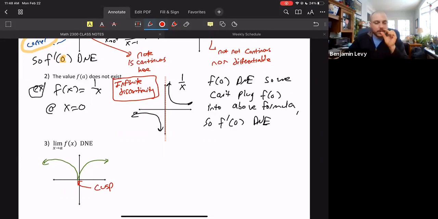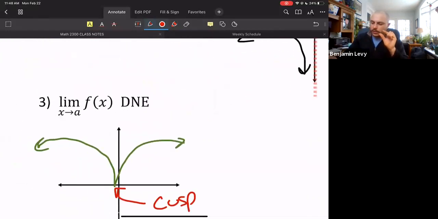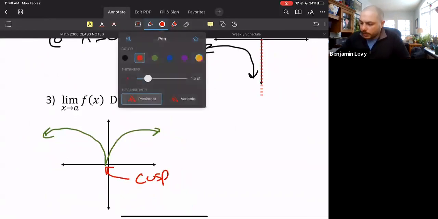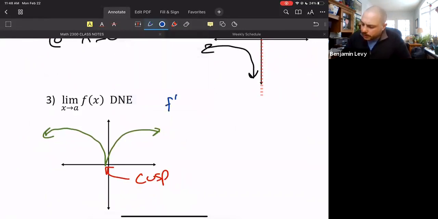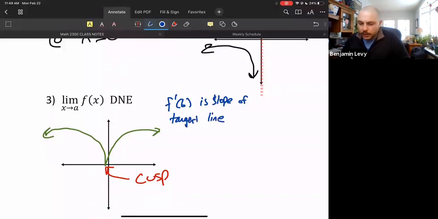And so if we think about the derivative as being the slope of the tangent line, let's remind ourselves: f prime of b is the slope of the tangent line, right? Let's draw a couple tangent lines on this thing as we get close to the cusp.